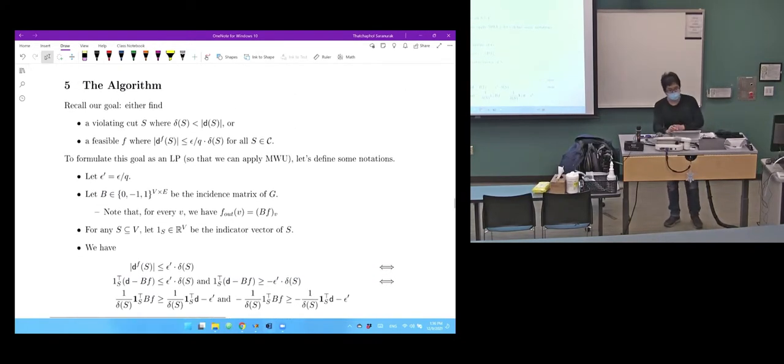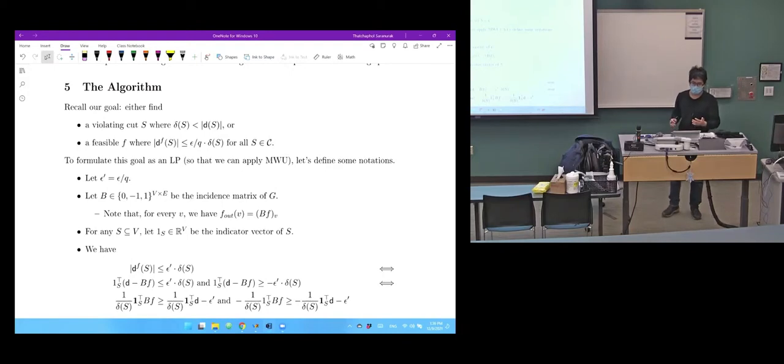Anyway, the multiplicative weight update is the framework that allows us to solve any LP by reducing it to something much simpler. And because of that, if we want to use multiplicative weight update to solve this problem, we would need to rewrite this thing in a form that is similar to an LP.